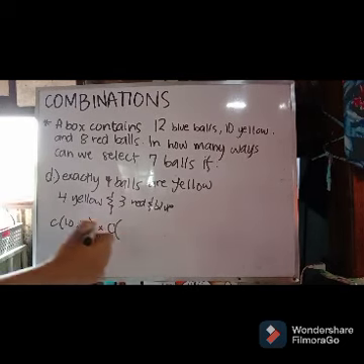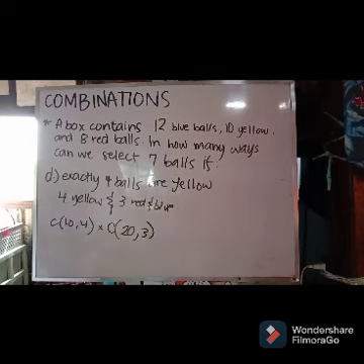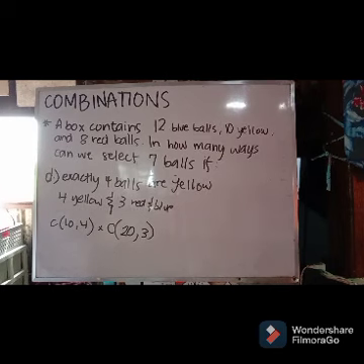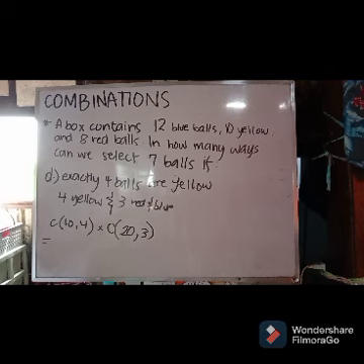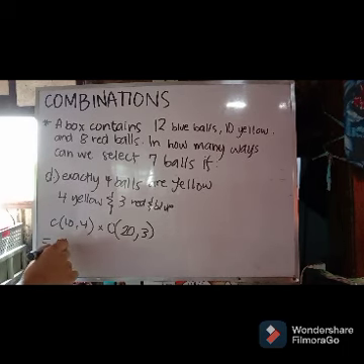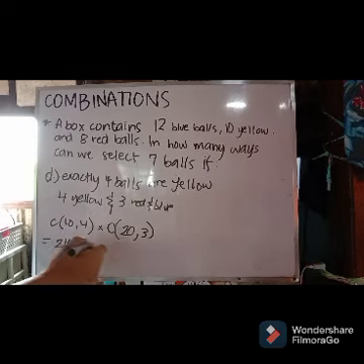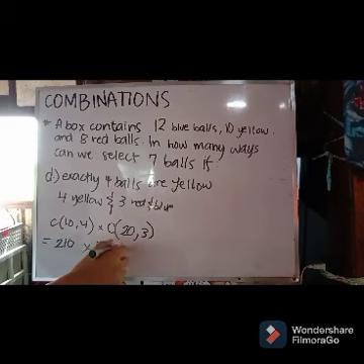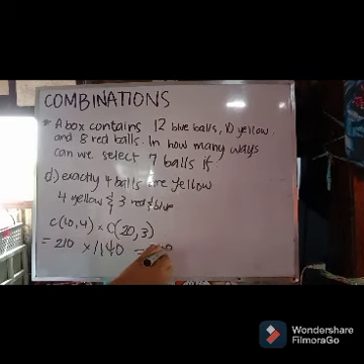So 12 plus 8 is equal to 20 taken 3. Combination of 10 taken 4 is equal to 210, multiplied by combination of 20 taken 3, so times 1140. 210 times 1140 is equal to 239,400.